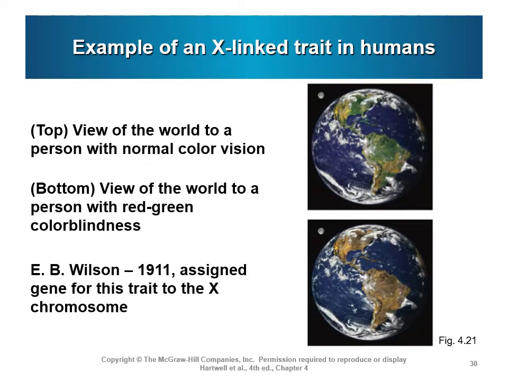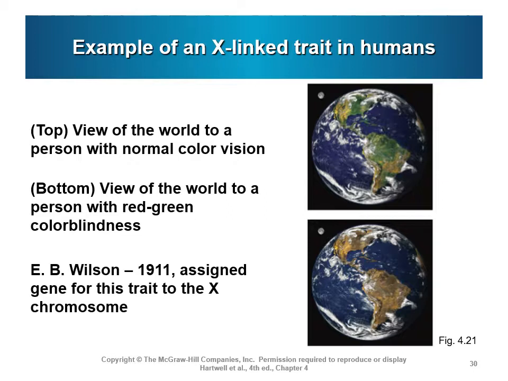Here is an example of an X-linked trait in humans. That is the disorder where green and red differentiation is missing.